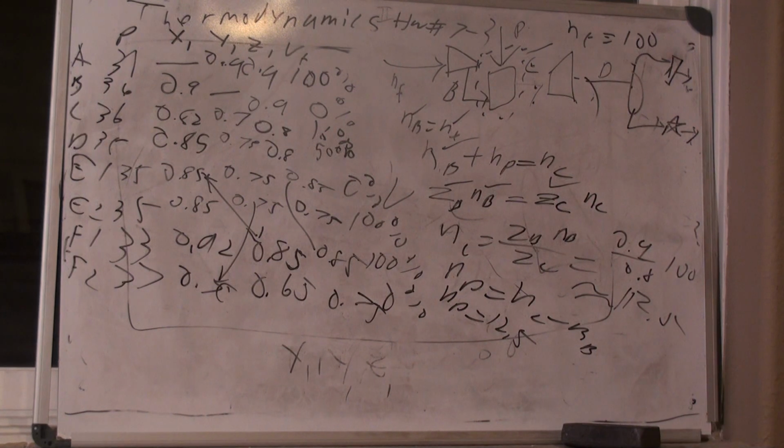Now, I could do this kind of mass balance system of equations nonsense, but you know what? I already know what's coming out of that bottom. So just take a second. How do I already know? It's really quick. How do I know how much is coming out of the bottom?